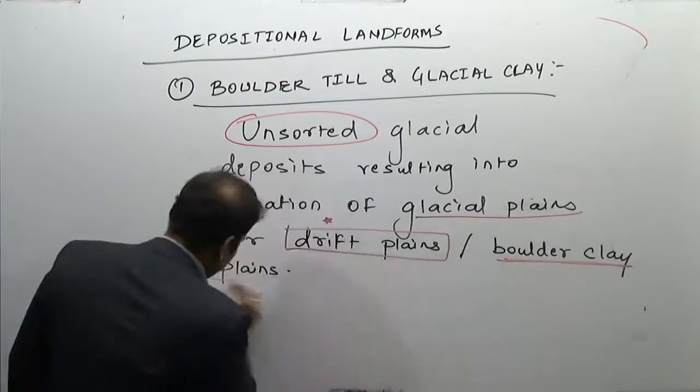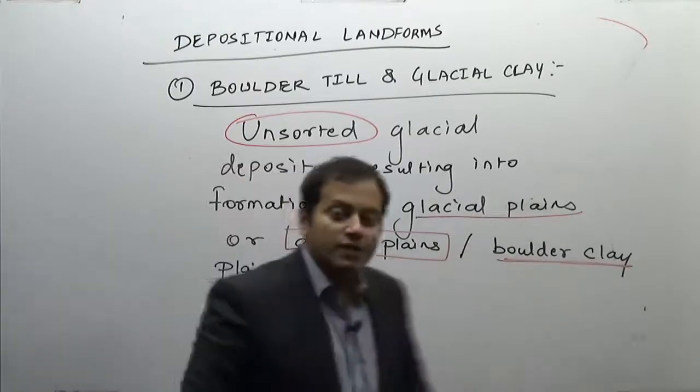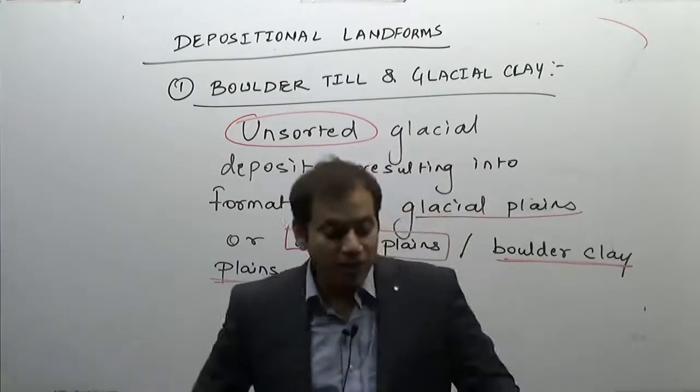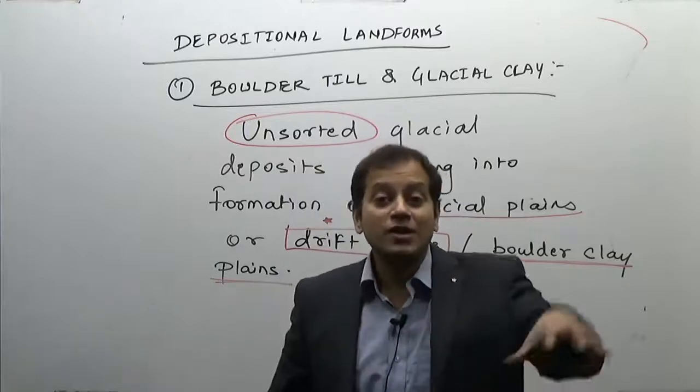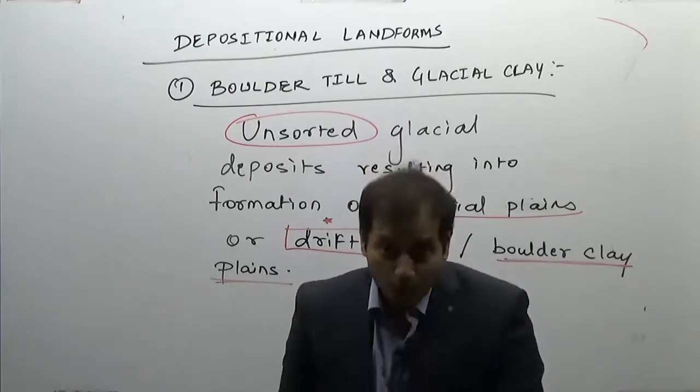The glacial plains are also known as drift plains, or they are also known as boulder clay plains. Now, if the question is in the examination, which of the following are associated with glaciated topography?